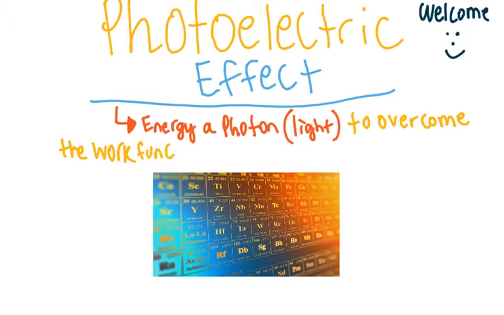I know you're thinking, okay, what's work function? Stop saying random things and get to the point, but I'm about to. So, the energy a photon needs to overcome the work function of a metal.